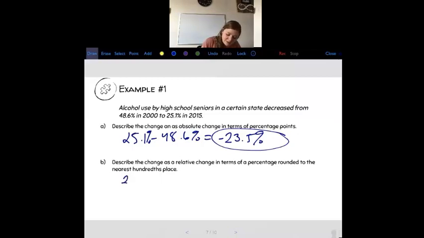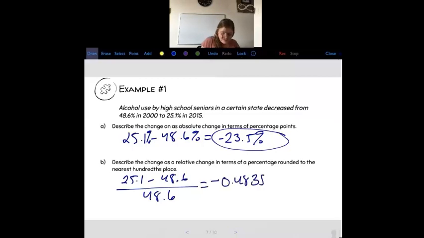Describe the change as a relative change in terms of a percentage rounded to the nearest hundredths place. So we would take new minus old divided by old. And so 25.1 minus 48.6 divided by 48.6, which would give us negative 0.48. So I went to 4 places because since we're rounding to the hundredths, you round, this should be 5. 0.3 5 would cause the 5 to stay the same.